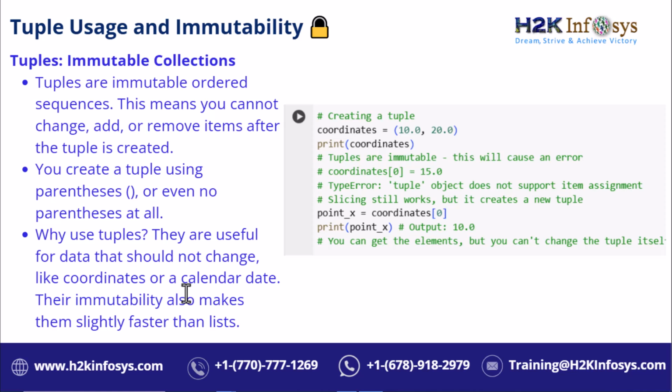Tuples are immutable. That is, once the tuples are created, you cannot add data, you cannot delete the data, or even replace it. Tuples are created with the help of round brackets, whereas lists were created with the help of square brackets.